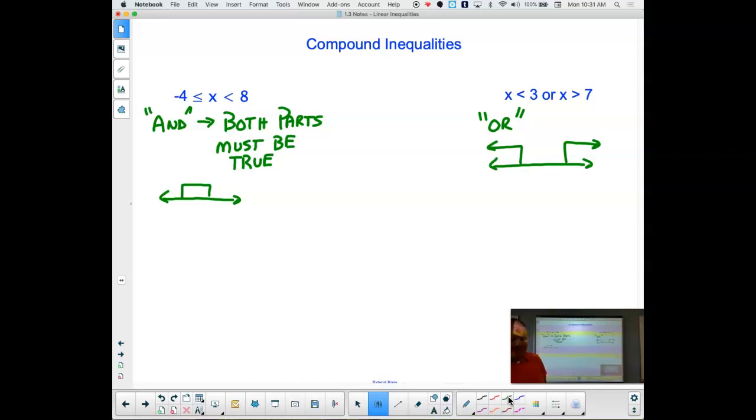So if I were to actually do these problems, now on my number line, I've got two numbers that I care about. I care about -4 and I care about +8. I'm going to be a closed dot at -4 because of the equals component.